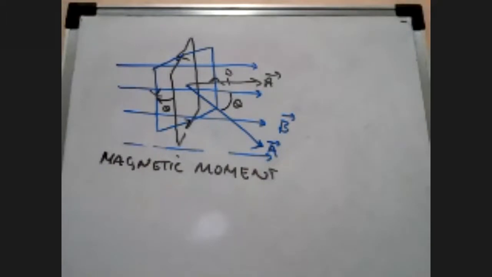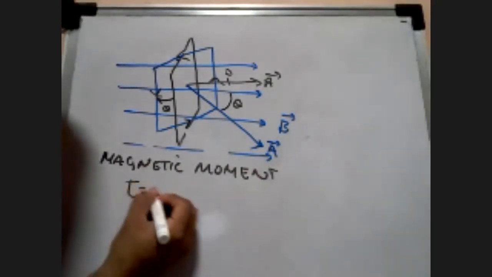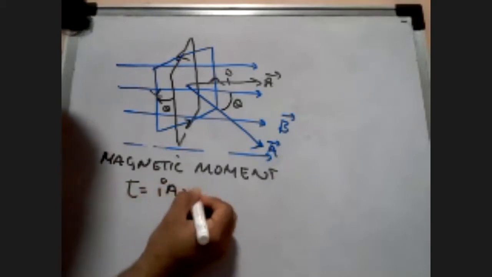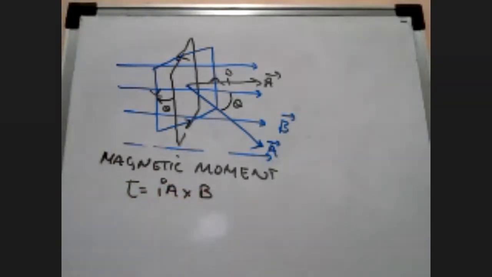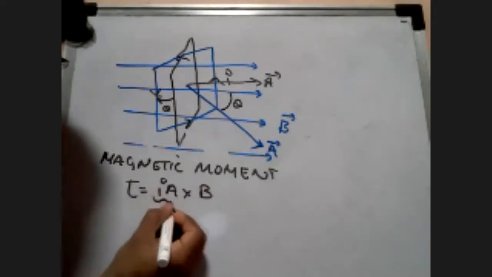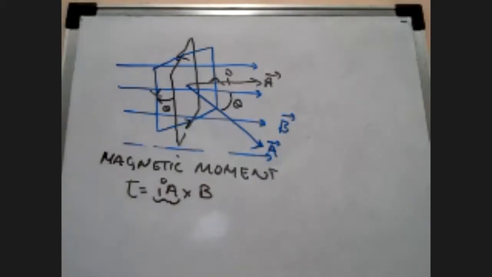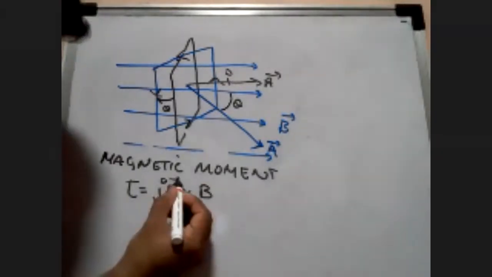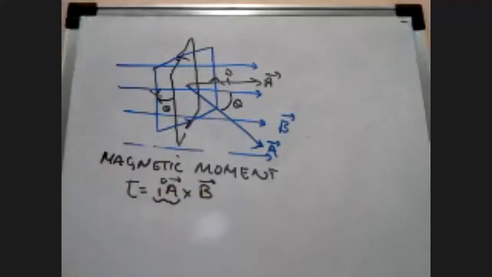Magnetic moment. So students, here torque is basically IA cross B, right? But here the catch is, let's make this expression more simple and in terms of magnetic moment. This combination of I and A, the combination of current and area vector, students. Area vector, why?